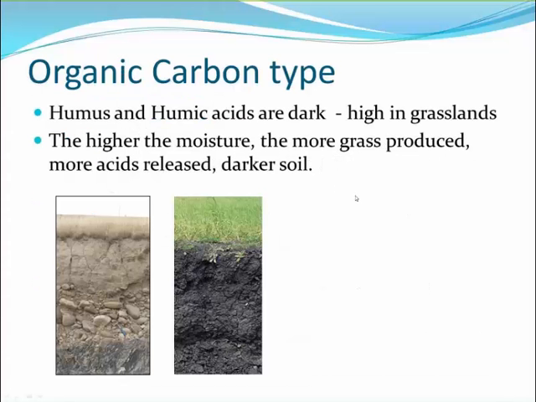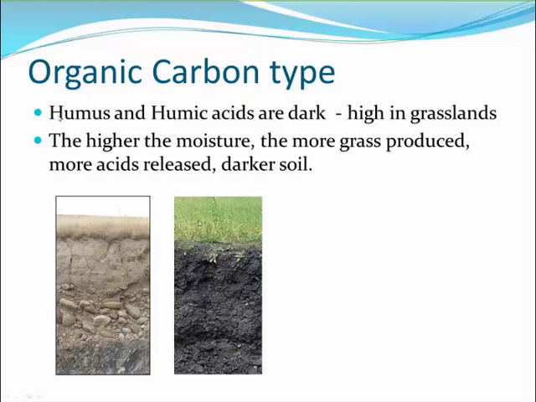Under organic carbon type, we have several different types, but let's look at grassland soils here. There are two pictures of grassland soils. The one on the left is semi-arid grassland, so there's not much moisture and not much carbon being produced.